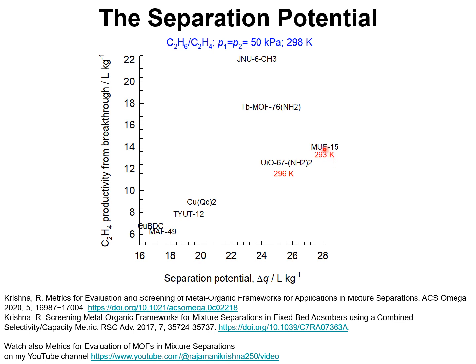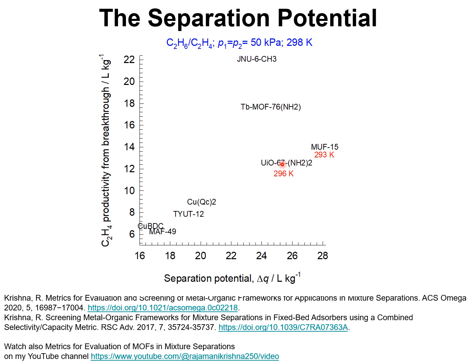So the actual productivity values should be towards the left and towards the bottom. The experimental data for UiO67NH2 twice is not at 298 Kelvin, but at 296 Kelvin.